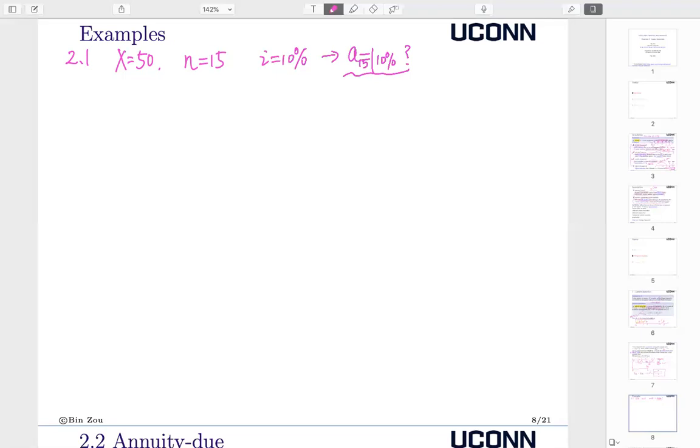So if you want to write down the formula, it will be 50 times 1 minus the discount factor, 1 plus i. If you want, you can write 1.1. And since you discount, it will be the negative power, so it's negative 15th, divided by i, because it's annuity immediate.